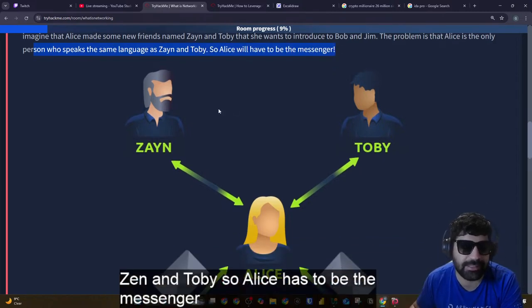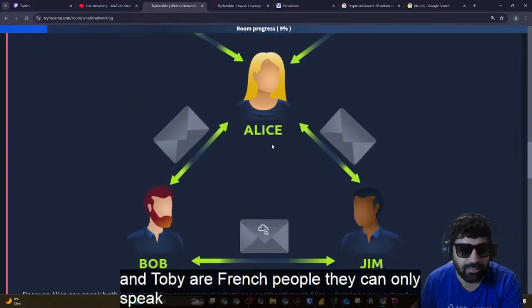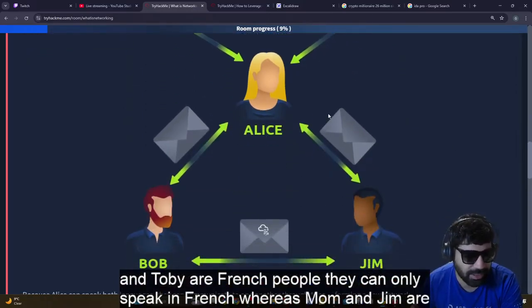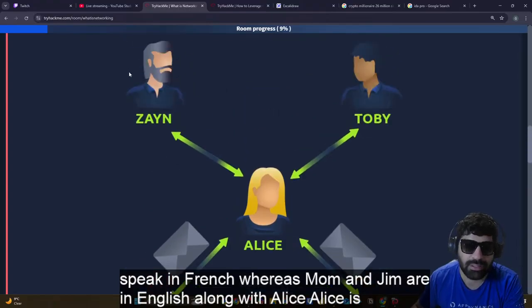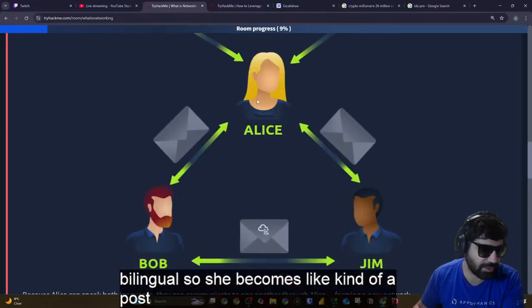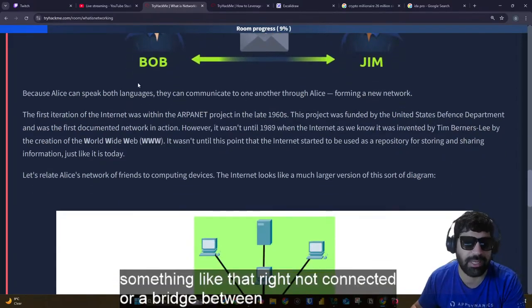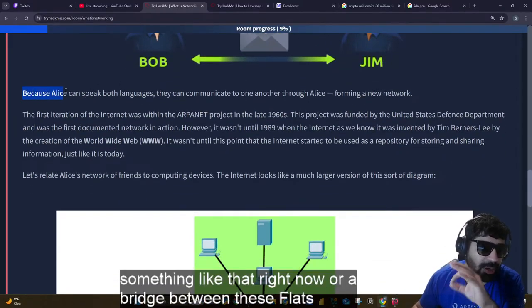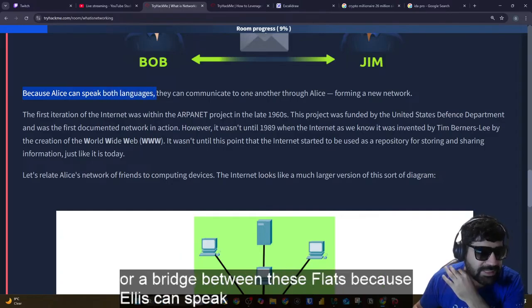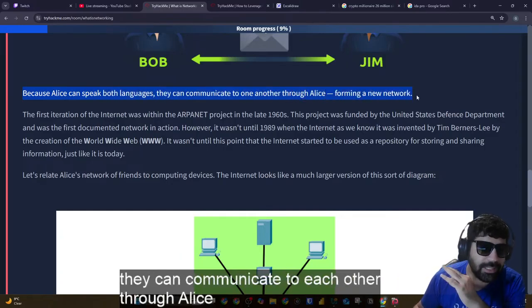So basically, let's say Zayn and Toby are French people, they can only speak in French, whereas Bob and Jim speak English along with Alice. Alice is bilingual. So she becomes kind of a postman or something like that, right? A connector or a bridge between these lads. Because Alice can speak both languages, they can communicate with each other through Alice, forming a new network.